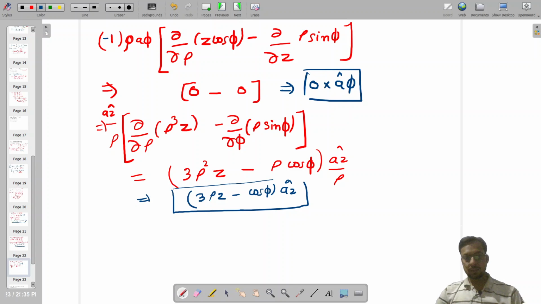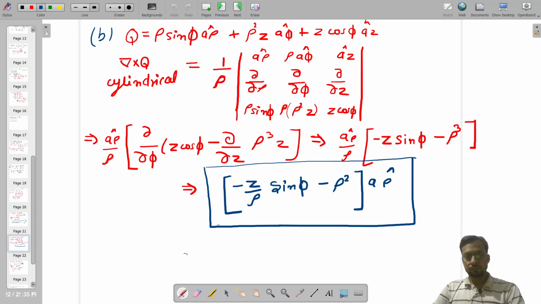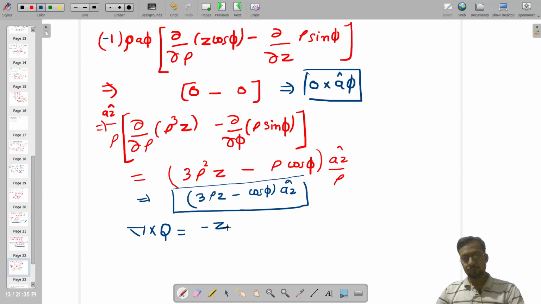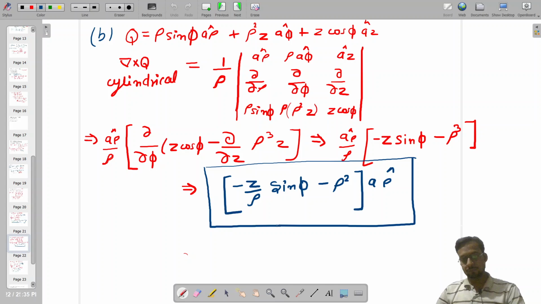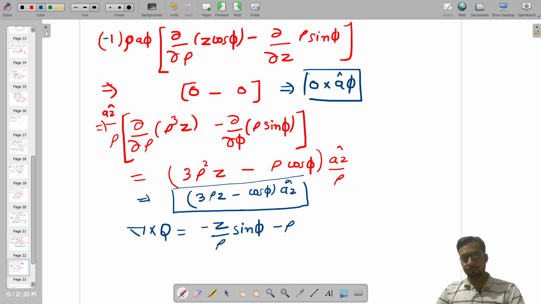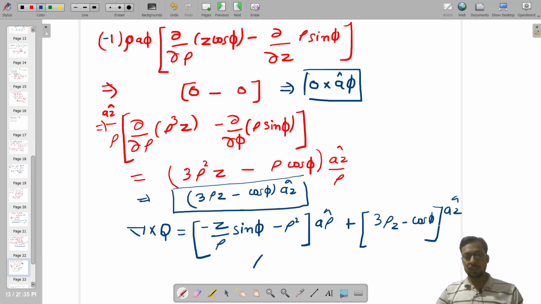So the final curl of vector Q is minus z by rho sin phi minus rho square a rho plus (3 rho z minus cos phi) az. This is the answer.